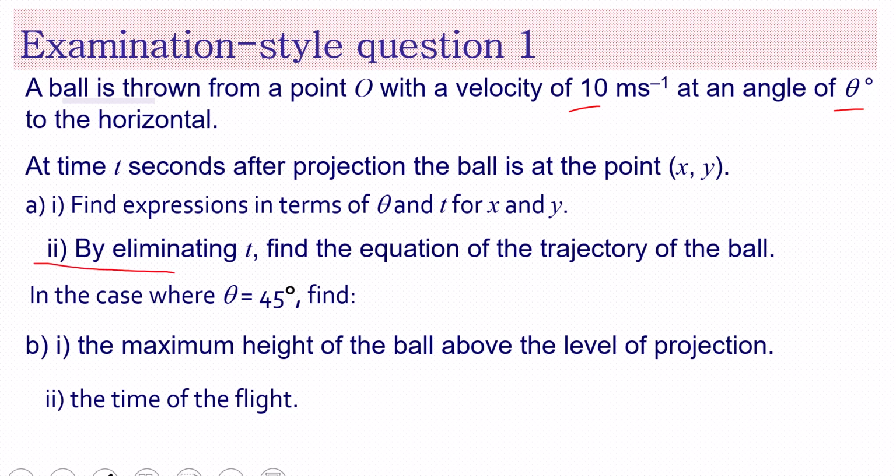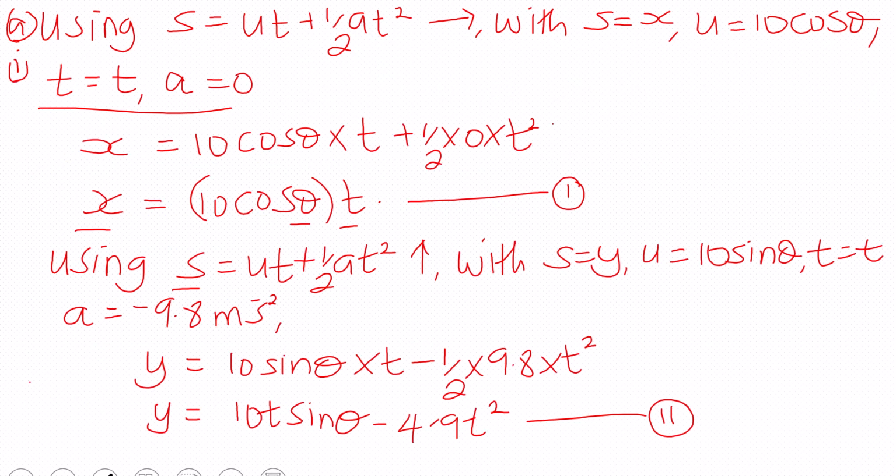Now they want us to eliminate t to find the equation of the trajectory of the ball. So let us eliminate t from both equations. That means we make t the subject in one equation and substitute it in the other.